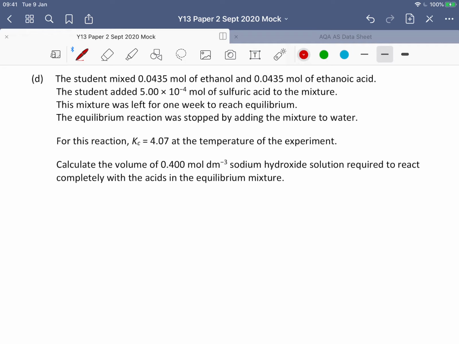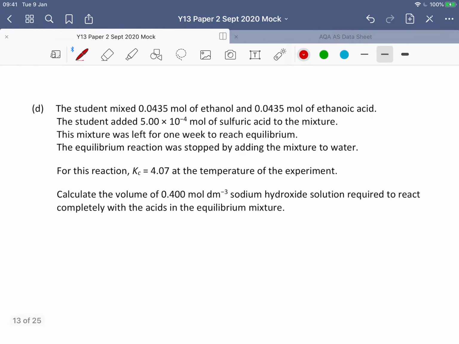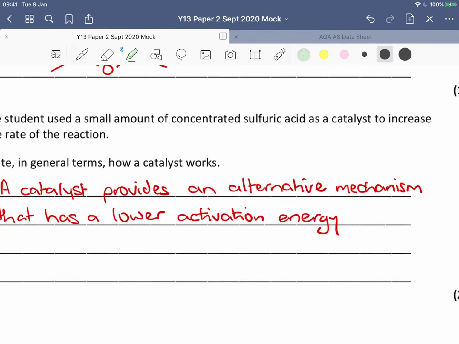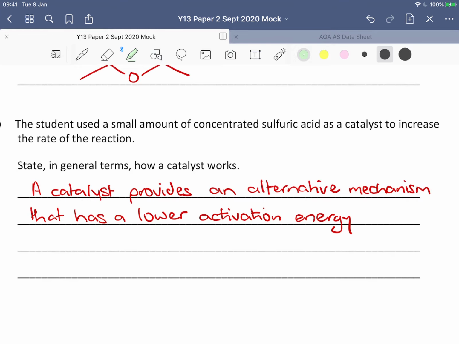So I think, when you've been given moles of ethanol and moles of ethanoic acid, you've also, and this is slightly confusing, been given the moles of the sulfuric acid. But in the previous question, they've just told us that this small amount of concentrated sulfuric acid was a catalyst.